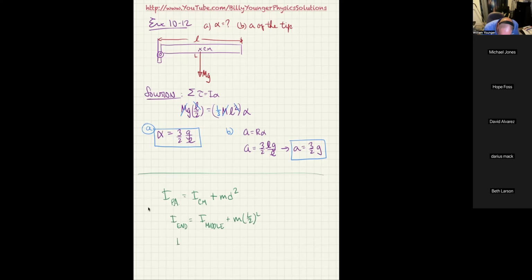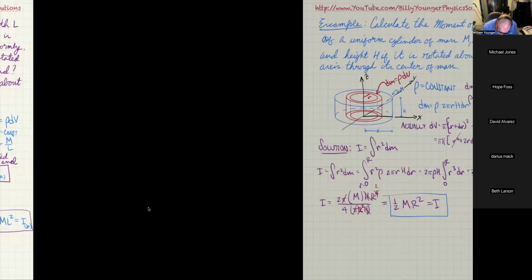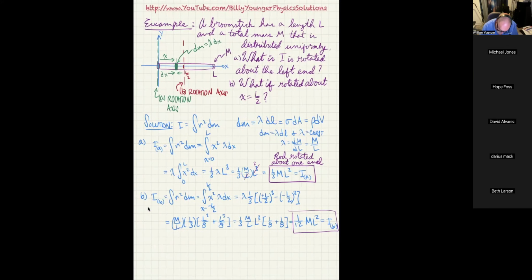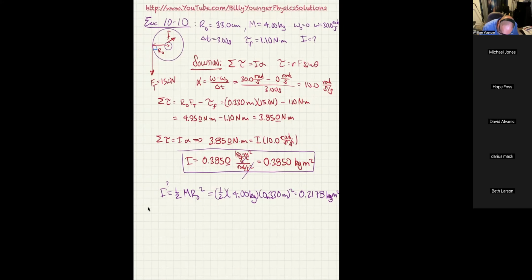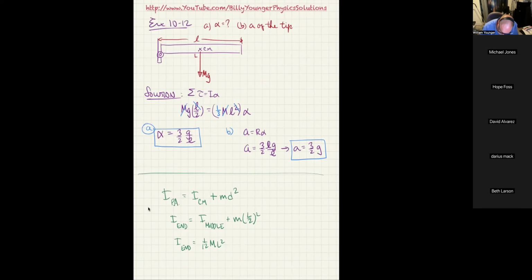So I about the end is equal to 1/12 ml squared, just reminding you, that was what we got when we rotated about the center, plus m L squared over 4.